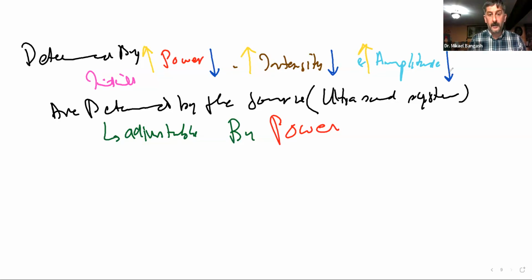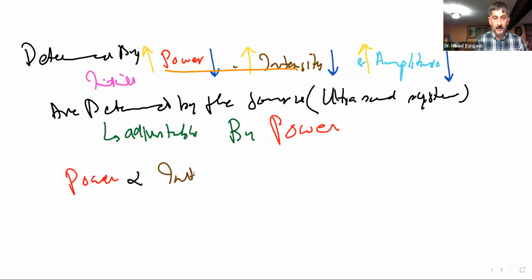Before going on lunch break, we have already established this relationship here. And what we mainly said generally was that power is directly proportional to the intensity. Which mainly means that if we double the power, the intensity will double.